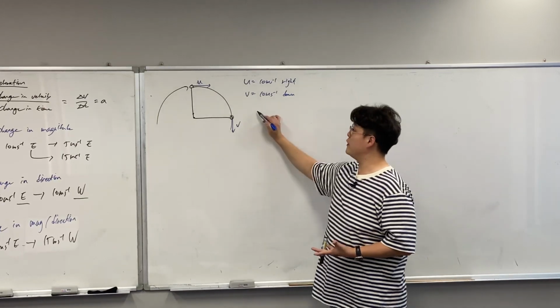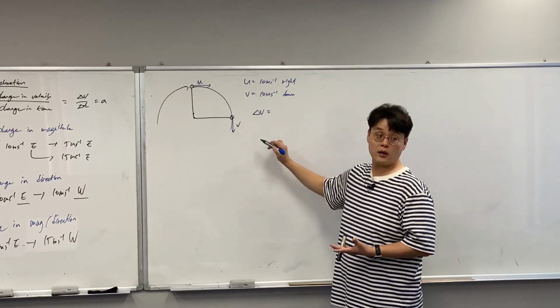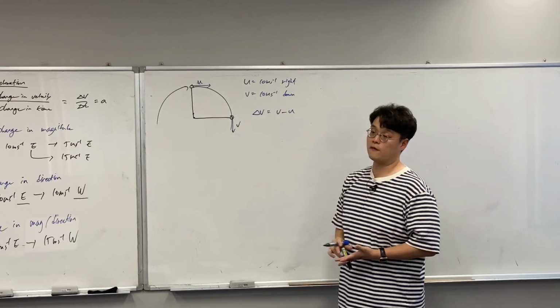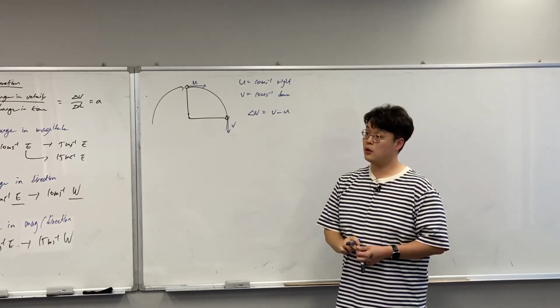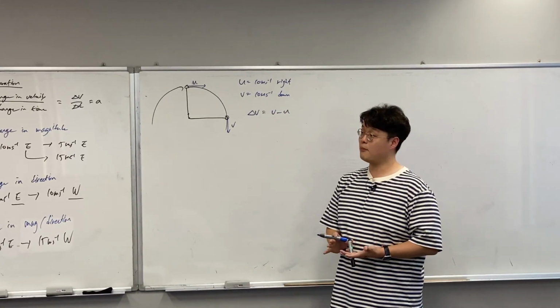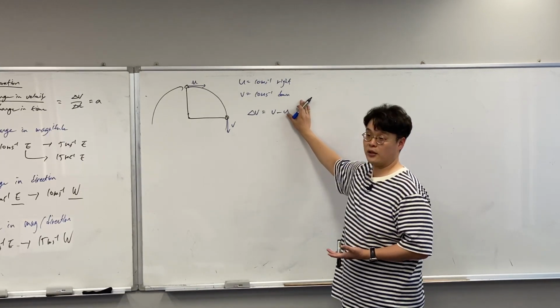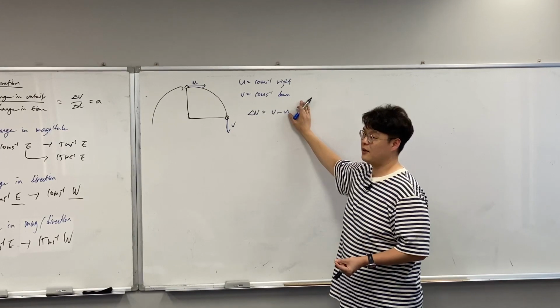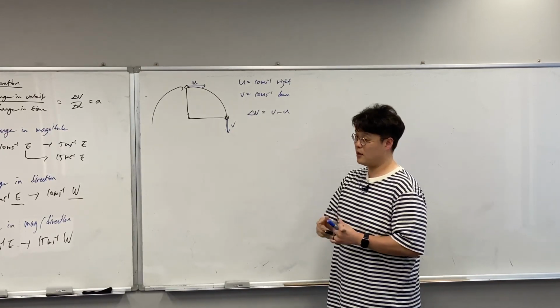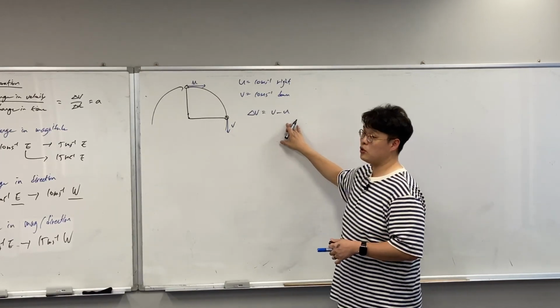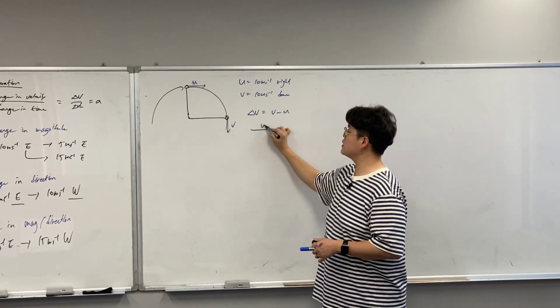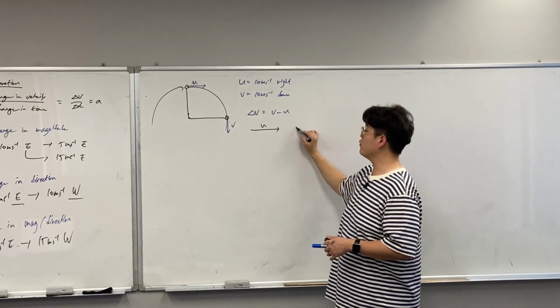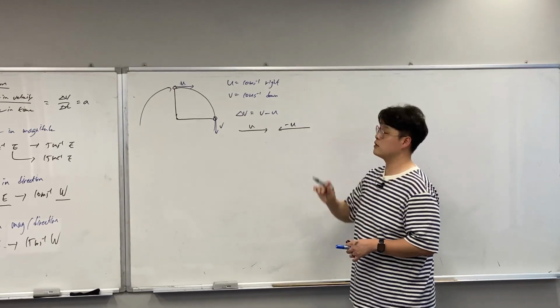How do you find the change in velocity? It's found by V minus U, the final minus initial. Yep, but we cannot subtract right and down. This is why we need to use the vector diagram again. If this is the U vector, the minus U vector is this, the opposite direction.